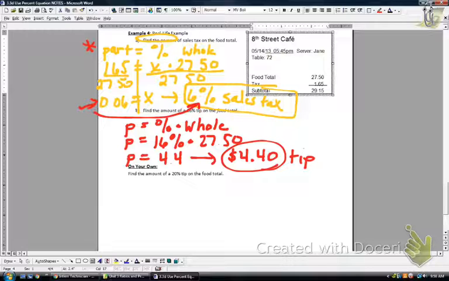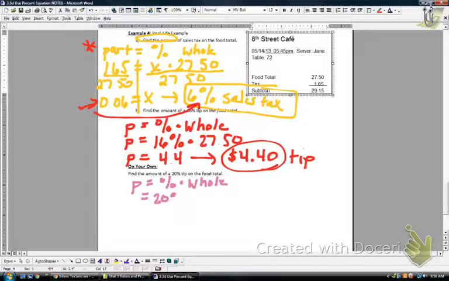All right, then the on your own, go ahead and pause the recording and do the on your own. It says find the amount of a 20% tip on the food total. That's going to be very similar to what we just did. So I have part equals percent times whole. The part is what I'm trying to find.